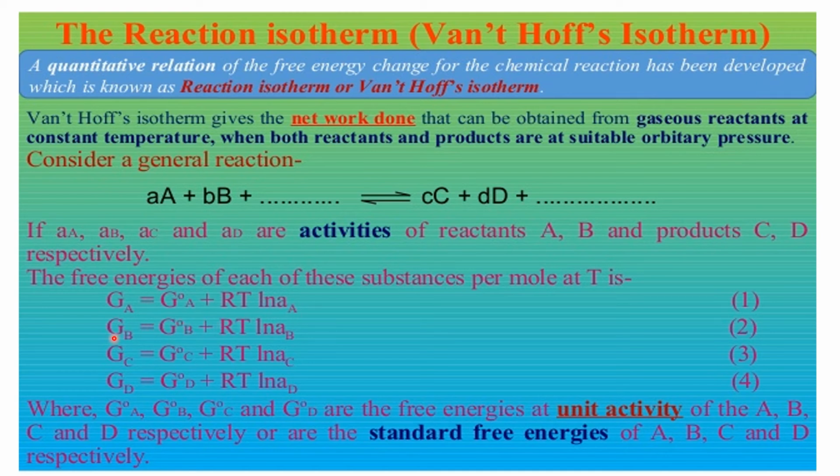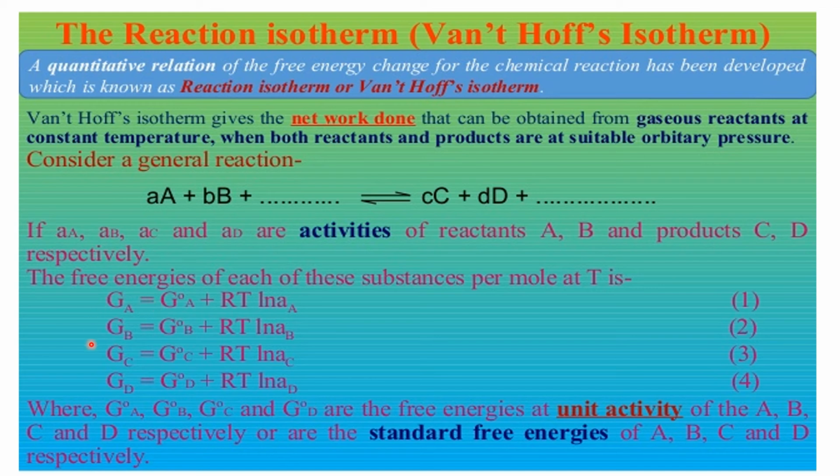Similarly, we can substitute for reactants B, C and D. So we have four equations for the free energy of A, B, C and D. The free energy of any reactant is equal to the standard free energy of that reactant plus RT into logarithm of activity.